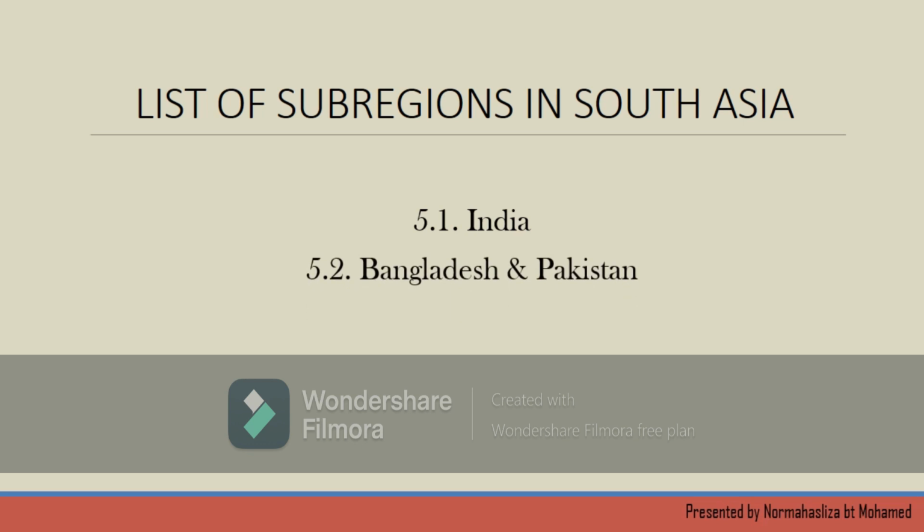Second, Bangladesh and Pakistan, which are two Muslim countries resulting from the breakup of the original Pakistan in 1971. And the mountain and island rim comprising Afghanistan, Nepal and Bhutan in the mountainous north, and Sri Lanka and the Maldives in the island south, includes a group of small countries on the margins of South Asia.